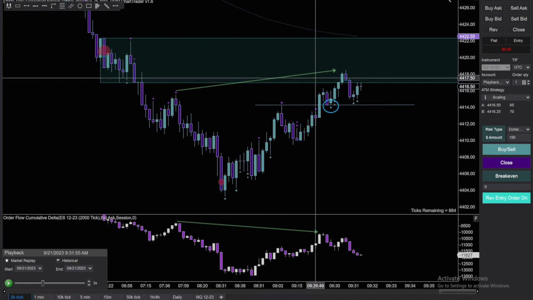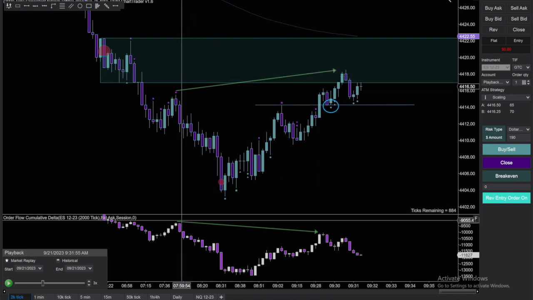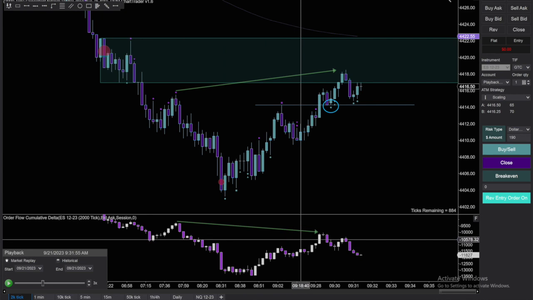So notice we just broke into a higher high here on this time frame, but the delta is not confirming that move. So that tells us to be not super bullish here, and this gives us confluence for this setup.